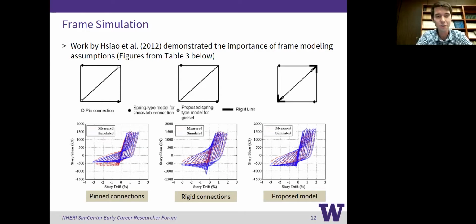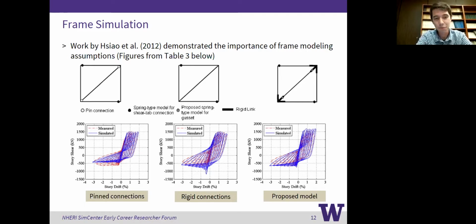Okay, and so he has three different models here, a pin-connected model for both the beam-to-column connections and the gusset plate, a rigid connection model, which is in the center here, and then a proposed model where we have rigid offsets for the beams and columns and gusset plates, and then he's using a rotational spring with the plastic capacity of the gusset plate for the gusset plate model.